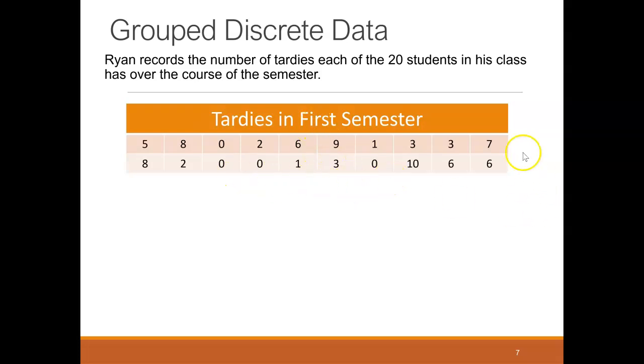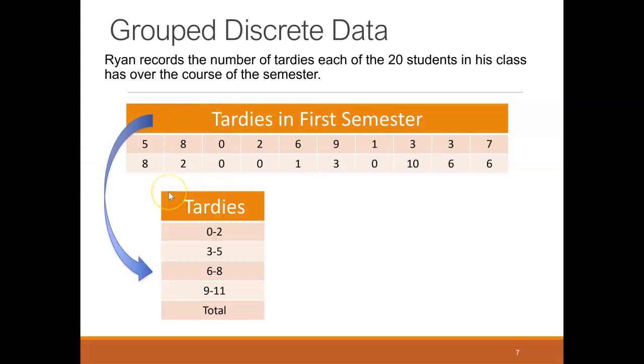So here's our raw data. If we want to group this now, maybe we'll group this from 0 to 2, 3 to 5, 6 to 8, 9 to 11, and total. What is the range for each group?